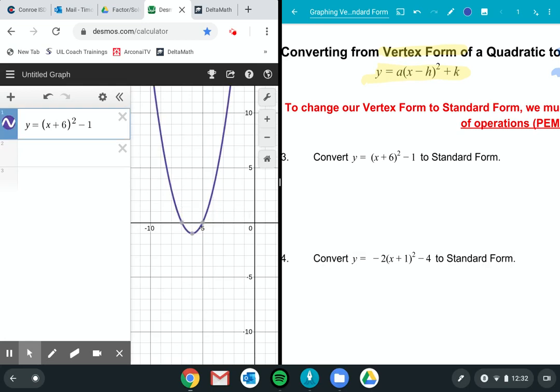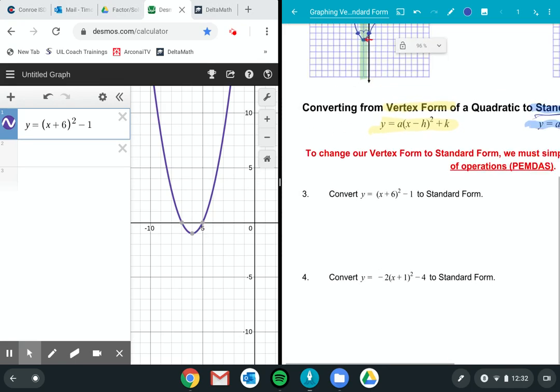I just want to show you the picture, because what I'm going to show you is that when I change this equation to standard form, I'm going to write that standard form here in Desmos as well. And the graph should be identical, meaning they're equivalent equations. Just because they look different doesn't mean that they're actually different.